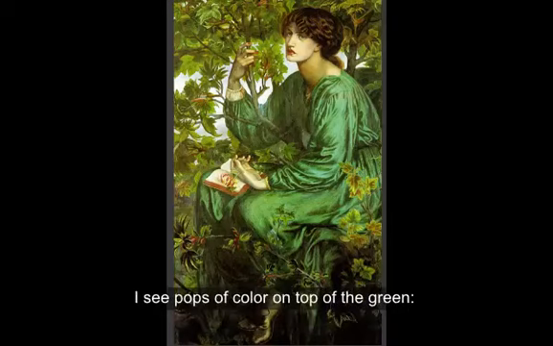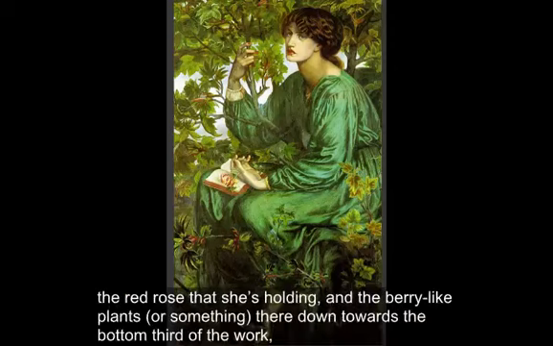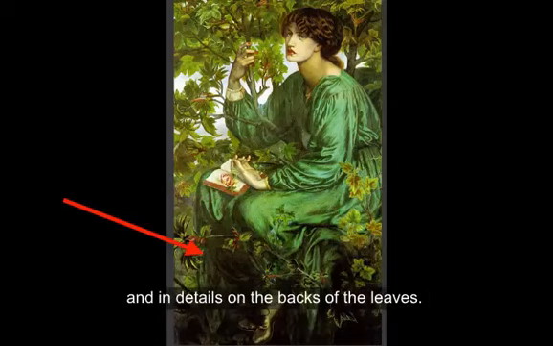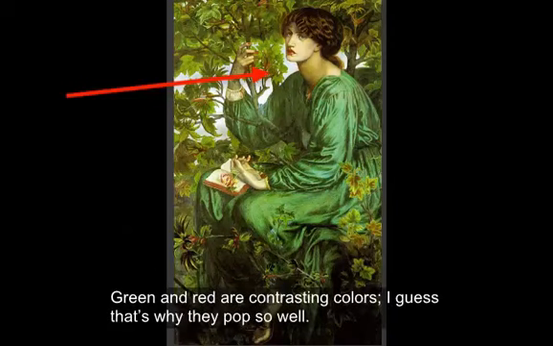I see pops of color on top of the green: the red rose that she's holding, the berry-like plants down towards the bottom third of the work, and details on the backs of the leaves. Green and red are contrasting colors. I guess that's why they pop so well.